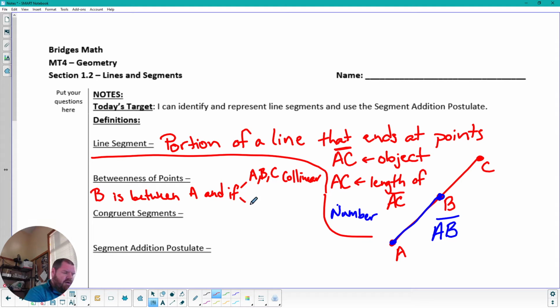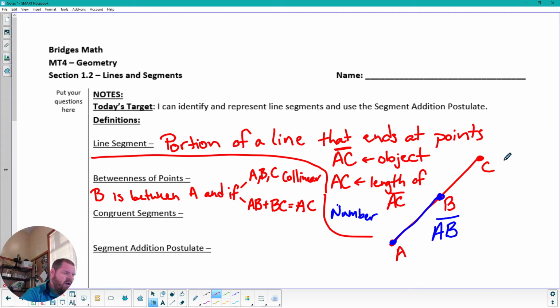And then the second part that has to happen to know that B is between A and C is if this equation holds true: AB plus BC is equal to AC. So we know that they're all on the same line, and they're connected. And if this piece plus this piece adds up to the whole thing, that's what it takes for a point to be between two other points.